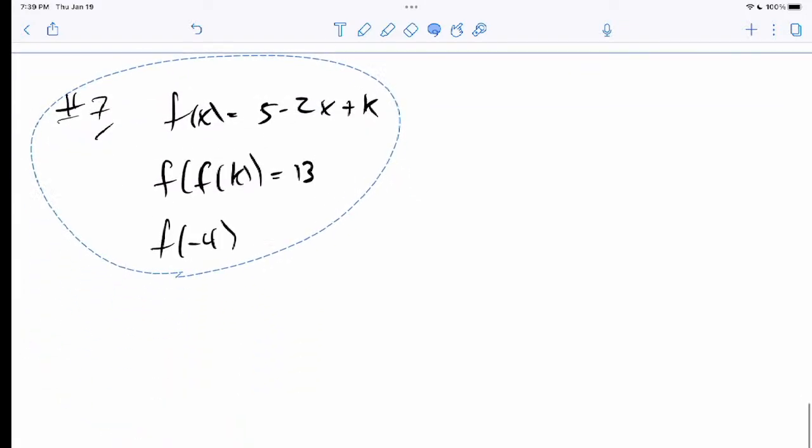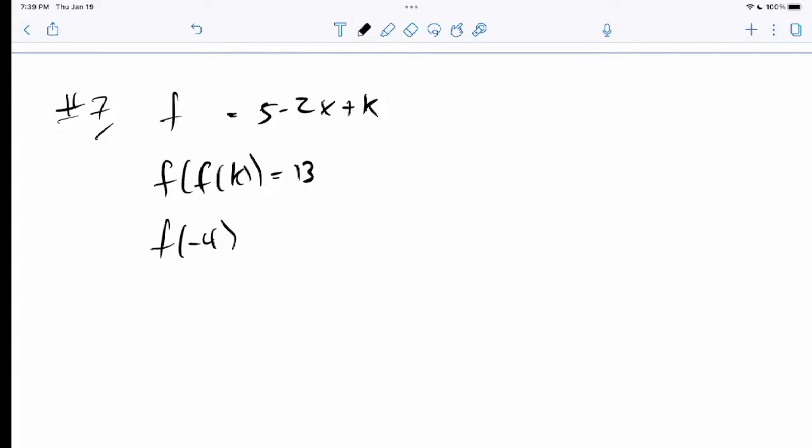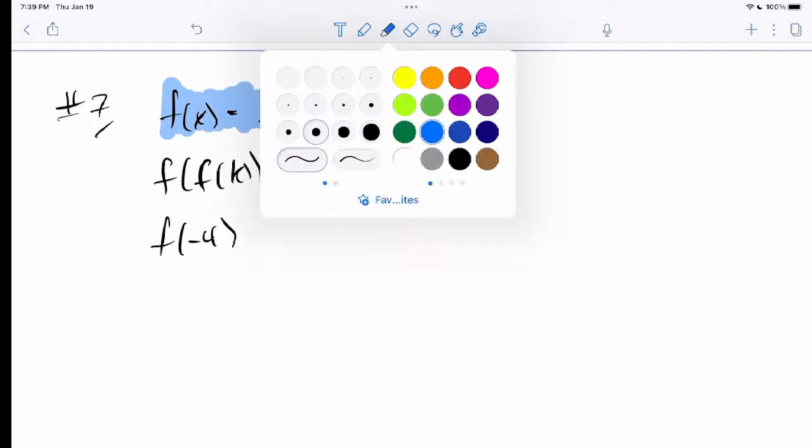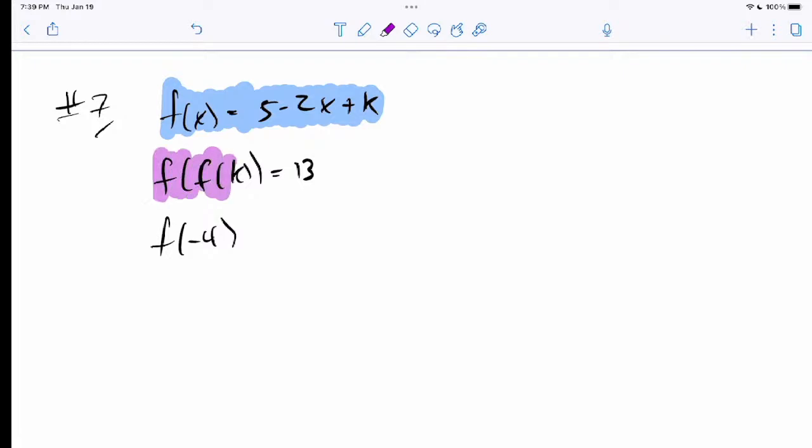Okay, so for 7 here, they give you a function f of x. In this case, it's 5 minus 2x plus k. And they tell you that f composite f at k is 13, that's given to you.